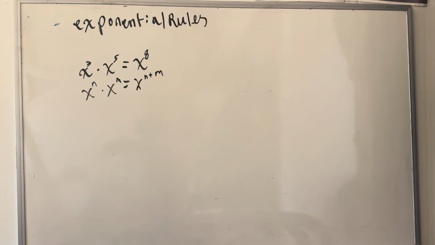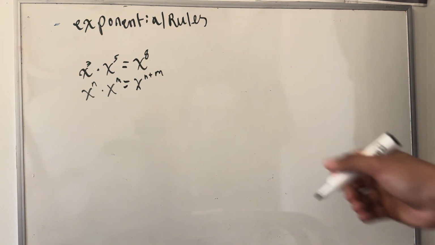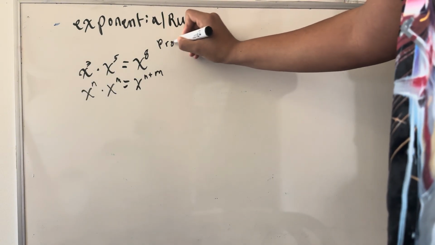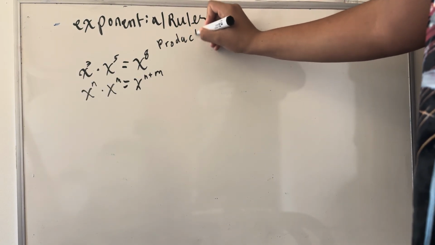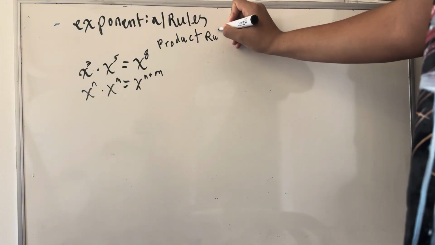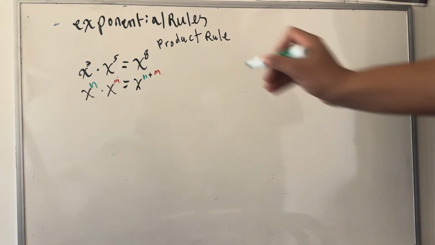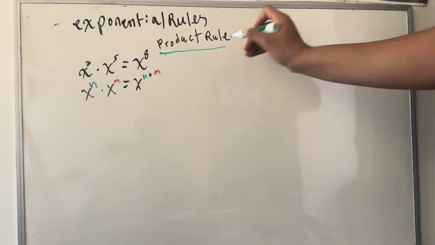And this is called the product rule. So that's the first rule, the product rule.